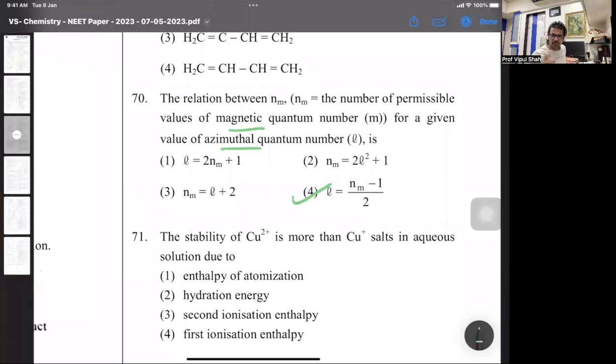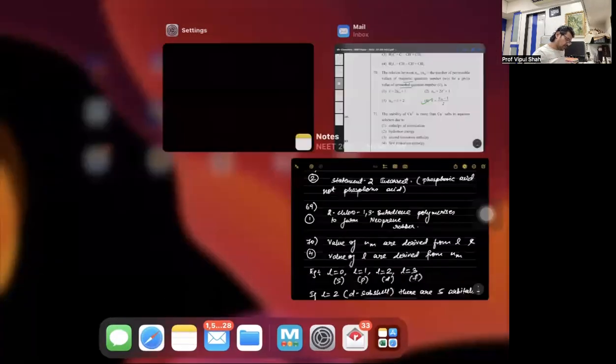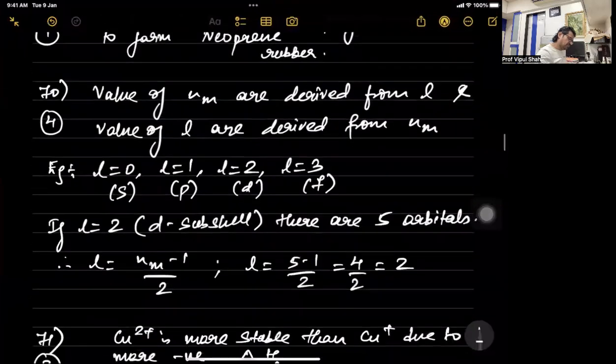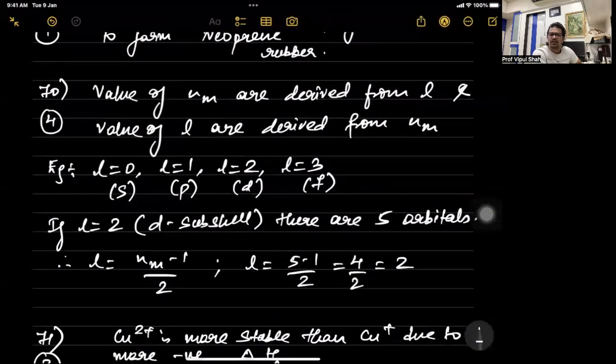I'll explain with an example. Have a look at the 70th one. The values of m are derived from L, and the value of L is derived from m. For L, we have the 4 subshells, s, p, d, f: 0, 1, 2, 3. If you take an example, if L is 2, that's your d subshell.